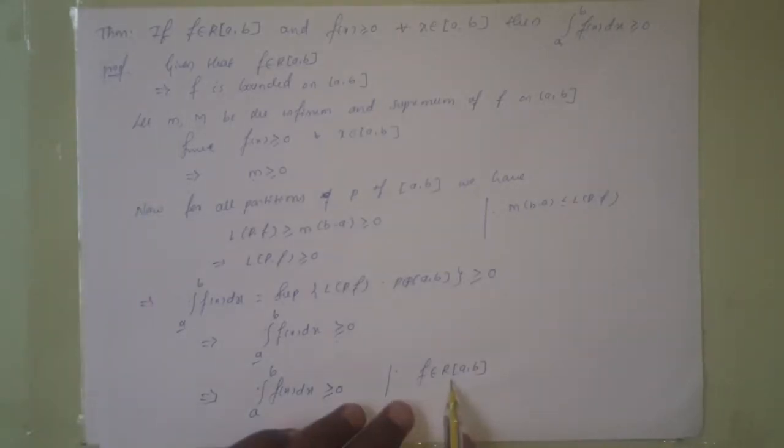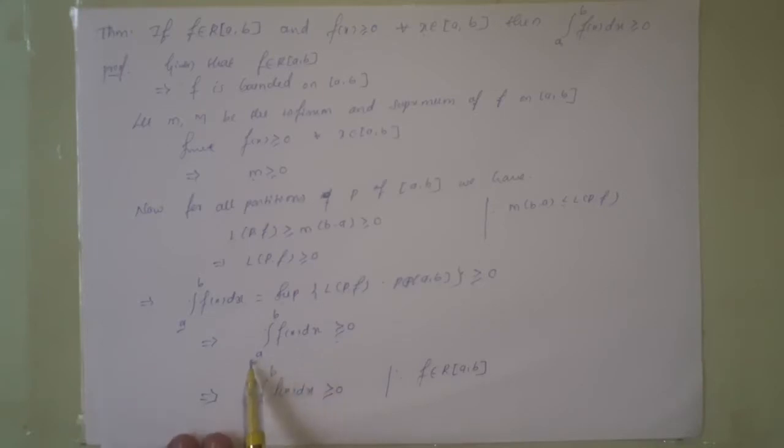If f is a Riemann integrable function, then the lower Riemann integral and the upper Riemann integral are both the same, and they are equal to the common integral, that is the integral from a to b of f(x) dx, and it is always greater than or equal to 0 if the function is positive for all the values of x. So, therefore, this is the theorem. If f is positive, then the Riemann integral of that function on the interval [a, b] is also positive.